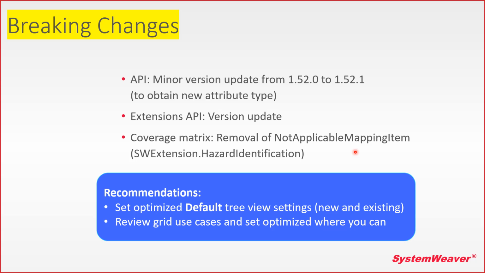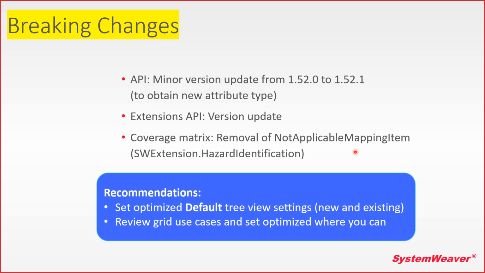And then just some recommendations from me. Because of the default structure tree view no longer existing for new item types, it's a good opportunity to always set optimized settings for your users, both the new ones that you're going to be creating, and then also maybe take a look at your existing ones to make sure you're showing just enough for users to do the work that they need, and not too much to have them have to pull up a million or tens of thousands of items in the tree that they're not going to even look at.